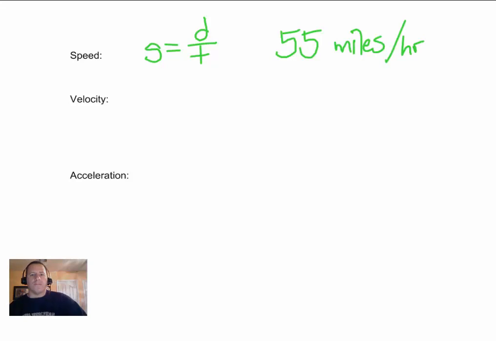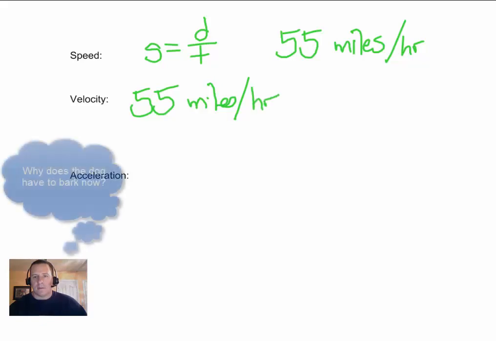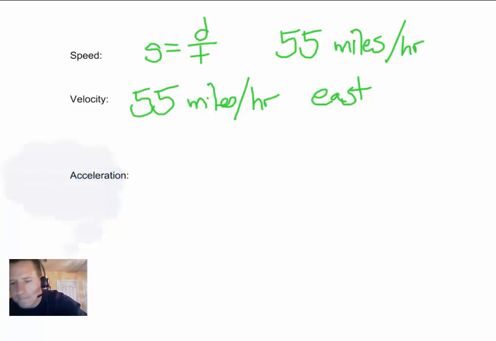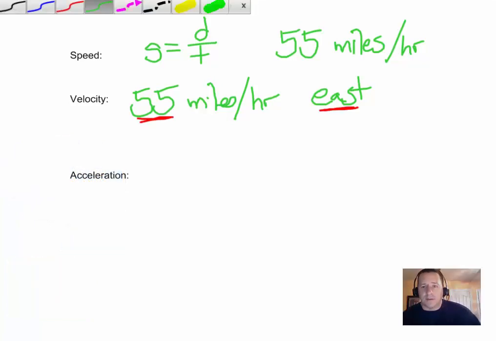All right. So velocity is related to speed. So velocity is simply speed but with a direction added to it. So instead of just being 55 miles per hour, it would be 55 miles per hour east. So velocity is speed and direction.